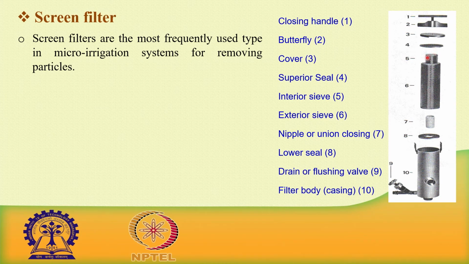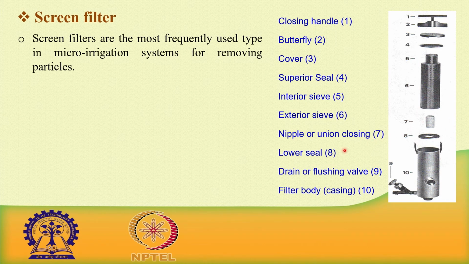There is an inner cylinder on which the particular mesh size is wrapped. This is the outer cylinder sieve, and then there is a nipple or union which joins the system.